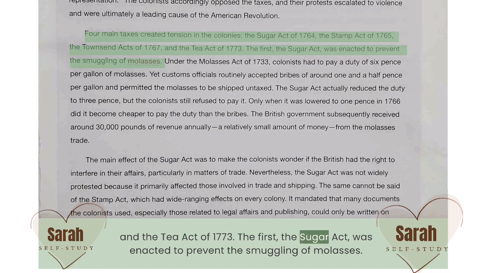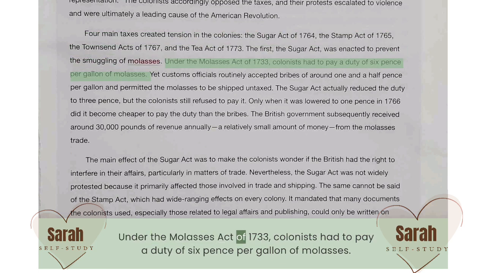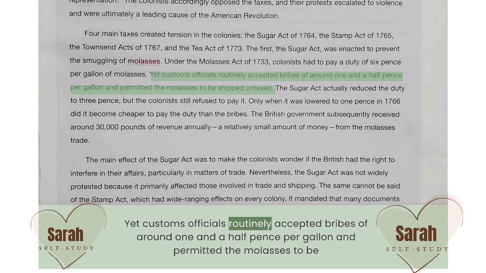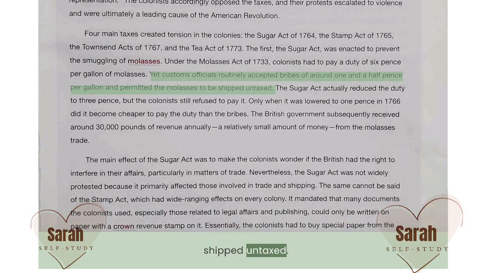The first, the Sugar Act, was enacted to prevent the smuggling of molasses. Under the Molasses Act of 1733, colonists had to pay a duty of 6 pence per gallon of molasses. Yet customs officials routinely accepted bribes of around 1.5 pence per gallon and permitted the molasses to be shipped untaxed.